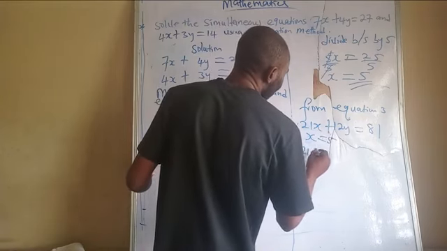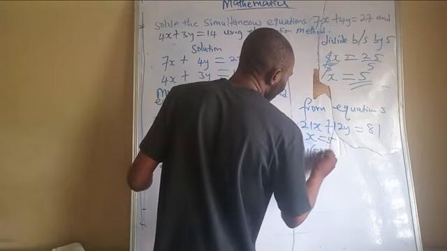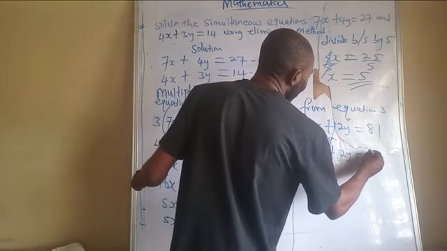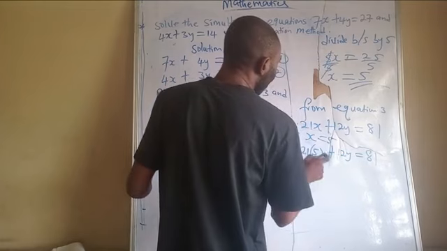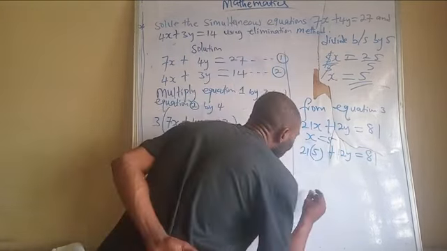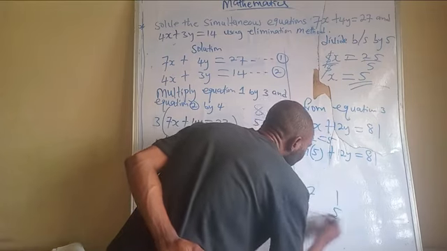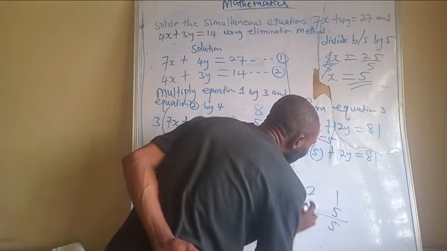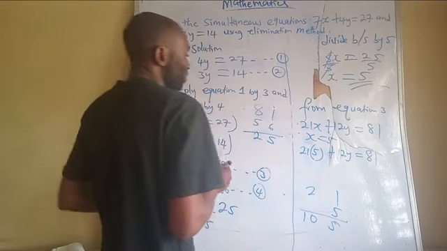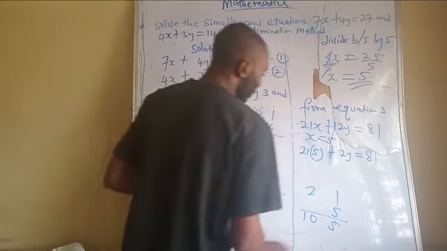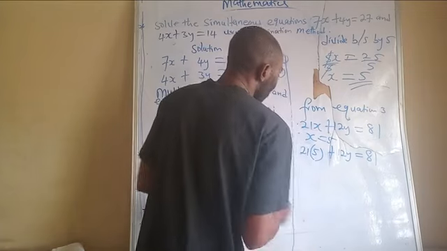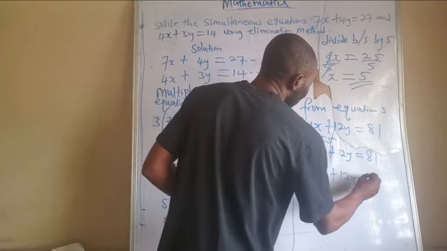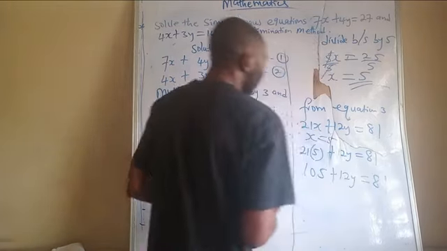So that is 21 bracket open 5 plus 12y is equal to 81. 21 times 5, let's do a small multiplication here. 5 times 1 is 5. 5 times 2 is 10. So that is 105. So here is 105 plus 12y is equal to 81.